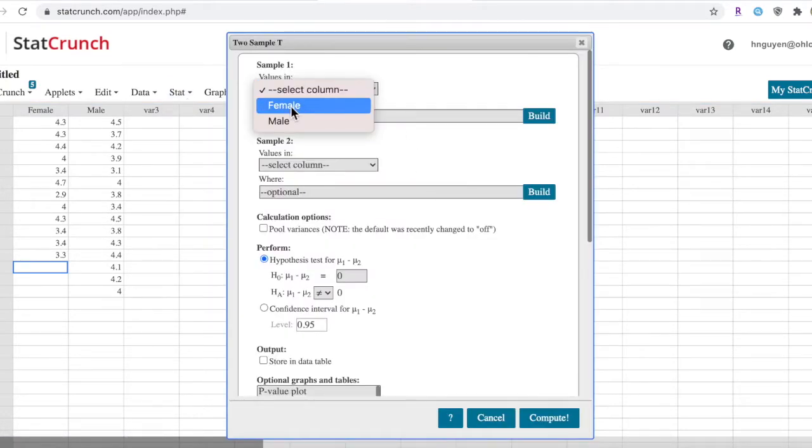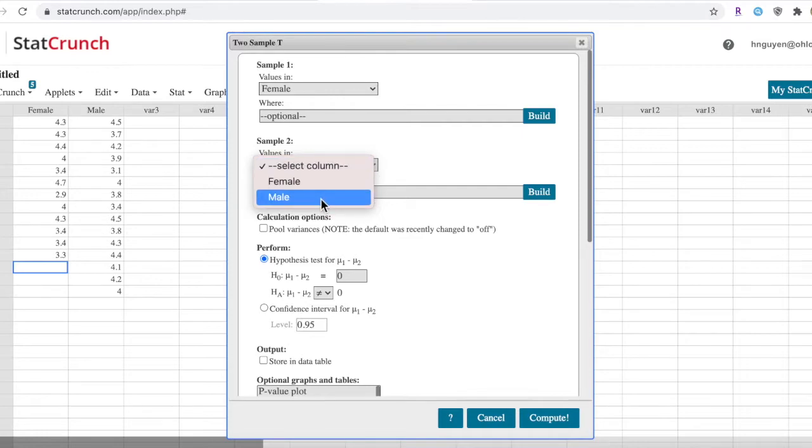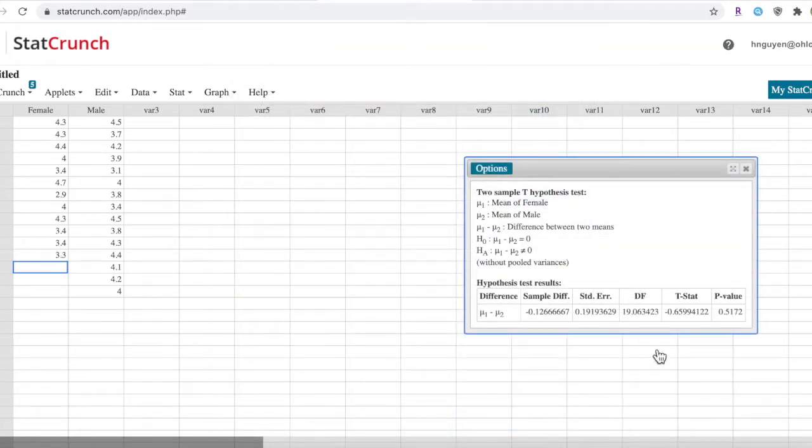Sample 1 is female, sample 2 is male. For the hypothesis test, H0 is mu1 minus mu2 equals 0. HA is mu1 minus mu2 is not equal to 0. This is my test statistic, and this is my p-value.